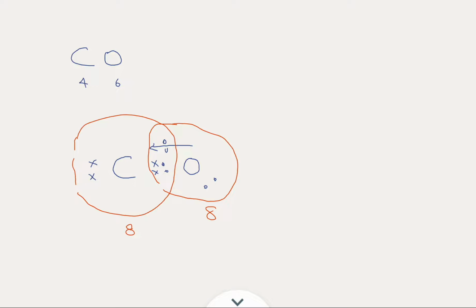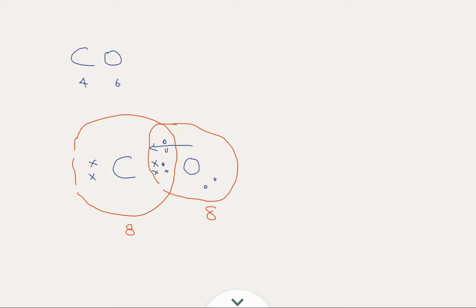So in order to have the octet of carbon also full, oxygen uses one of its lone pairs to form a dative covalent bond with this carbon. Now you can see that carbon has got 8 electrons and oxygen also has got 8 electrons here.